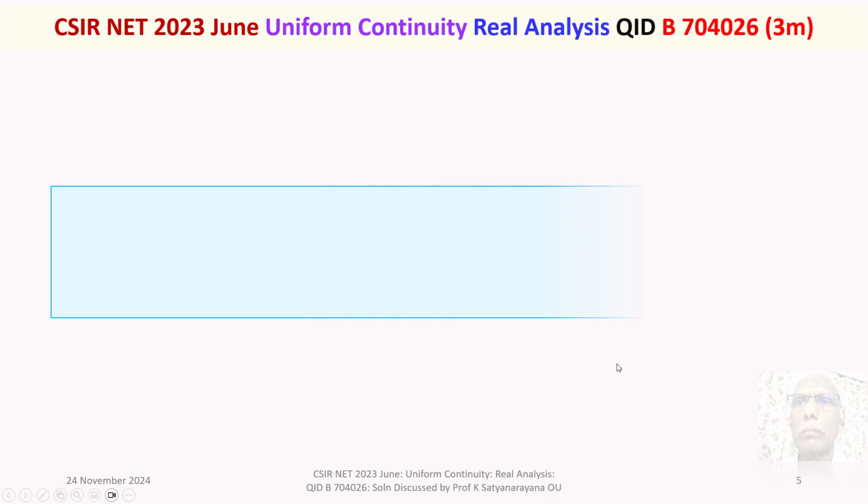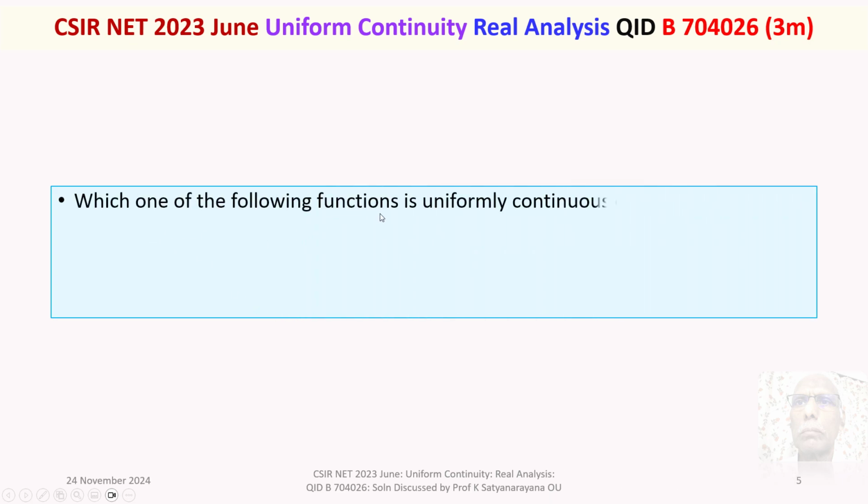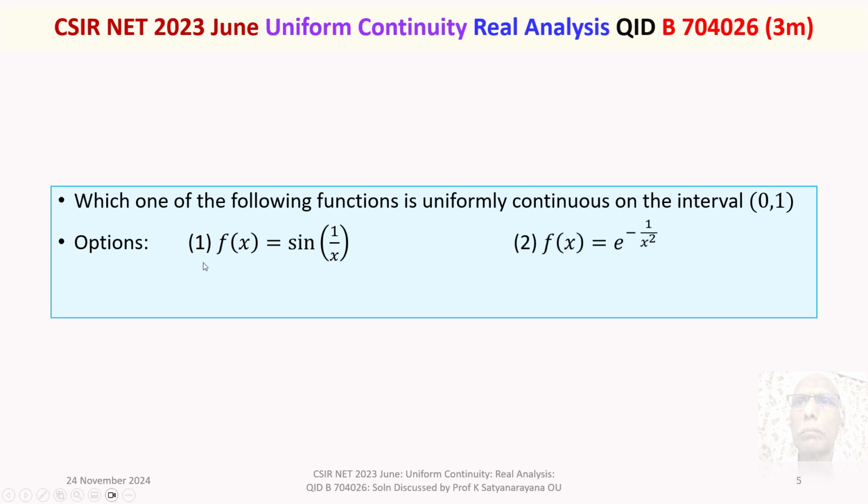The given question is: which one of the following functions is uniformly continuous on the open interval (0, 1)? We are given 4 options. Option 1, f(x) = sin(1/x). Option 2, f(x) = e^(-1/x^2).